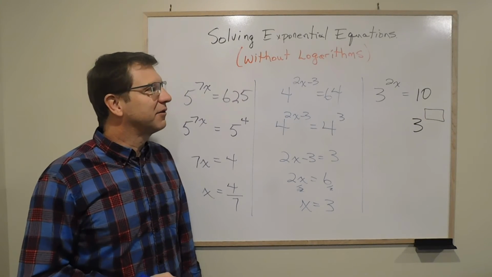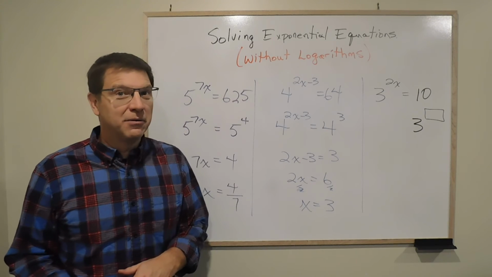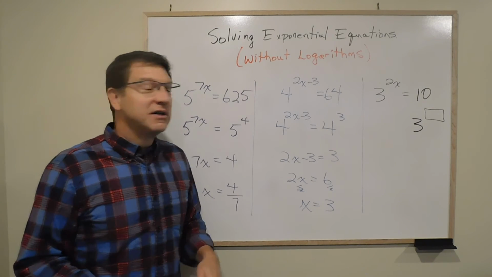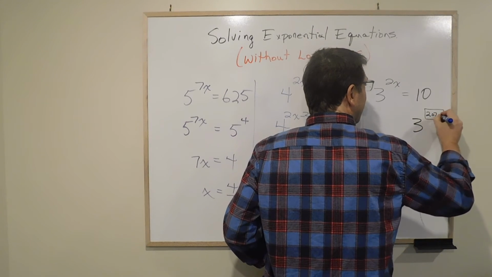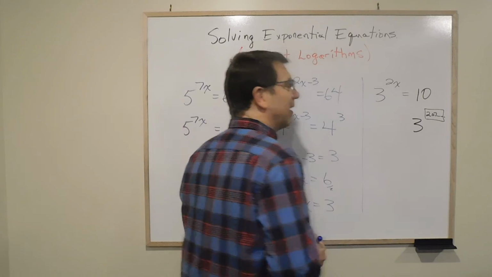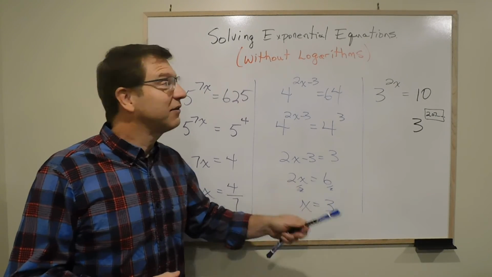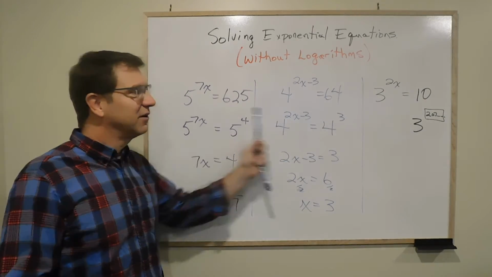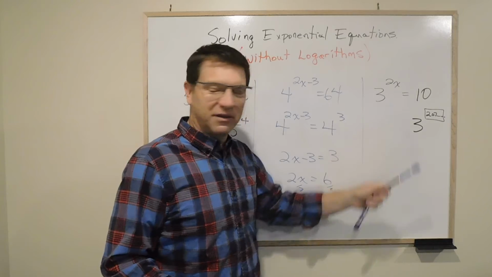Because I don't know what that exponent is. It's not 3 squared, because 3 squared is 9. It's not 3 cubed, because 3 cubed is 27. So it's going to be like 3 to the exponent 2.07, I don't know, something. I'm just kind of making that up. I know it's between 2 and 3, but I can't get that, so I cannot use this method of solving it. And this is where you need to get into logarithms.